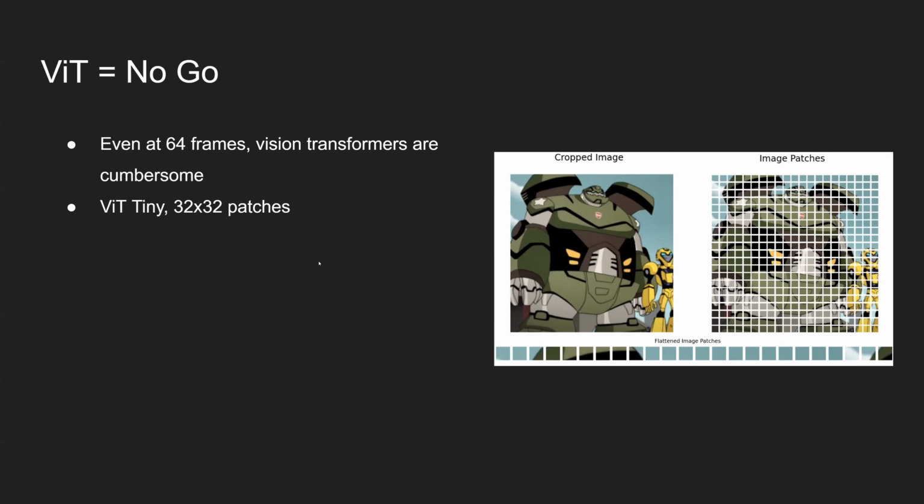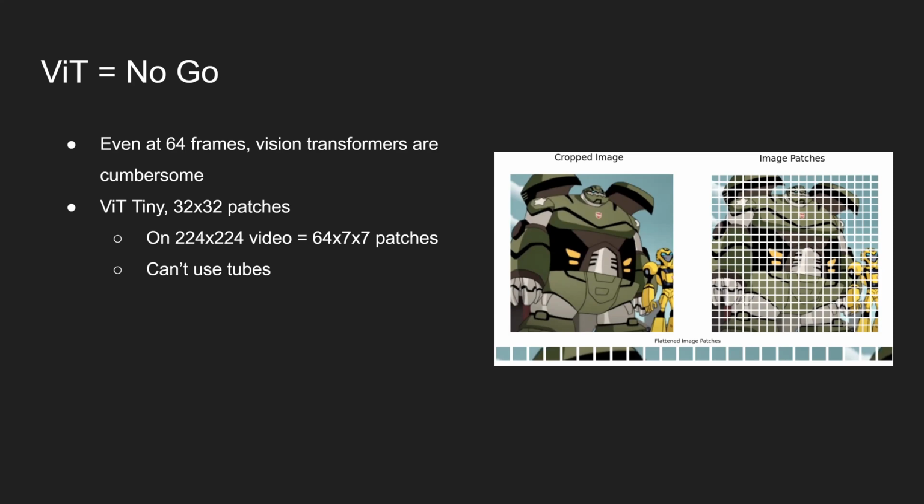Take for example ViT-Tiny with 32 by 32 patches, which is literally the smallest version of ViT that's available. Of course, on a 224 by 224 video, that's 64 times 7 times 7 patches in the output. And you can't use tubes, right? Because we've already shown you that every single frame matters for this problem.